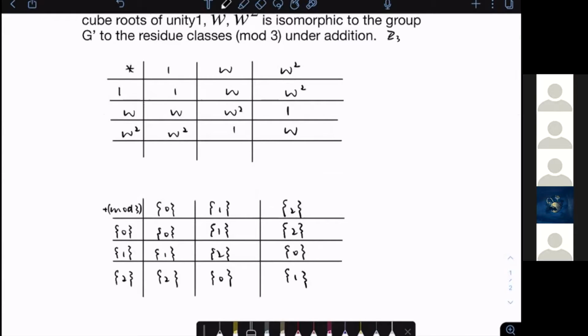Now we can see that the structure of the Cayley diagram is similar.